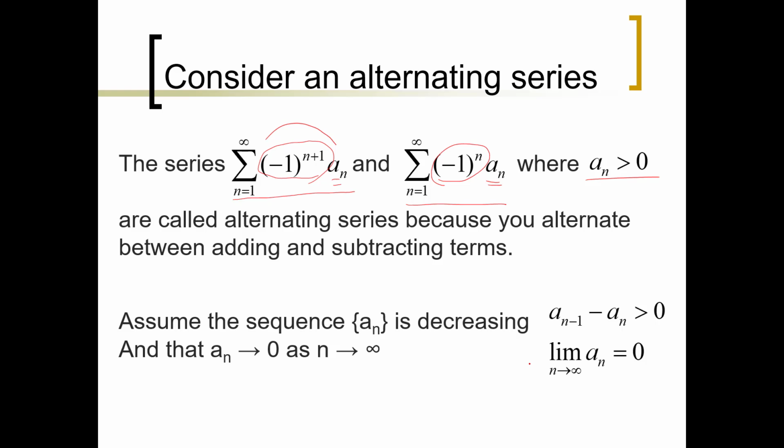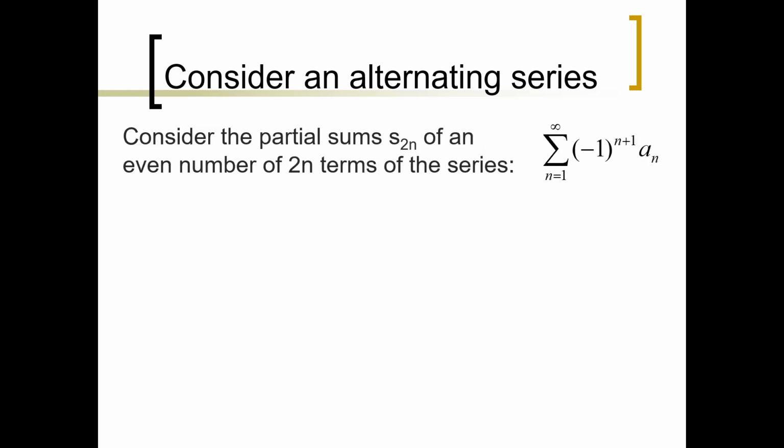I'm going to use these things to prove that the alternating series must converge. Now, if I can show that the sequence of partial sums converges, then the series must converge also. In the sequence of partial sums, S1, S2, S3, S4, and so on, I want you to consider only the even indices: S2, S4, S6, S8, S10, and so on. That is also a sequence.